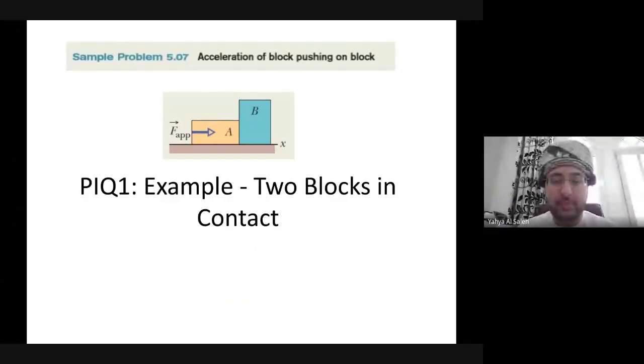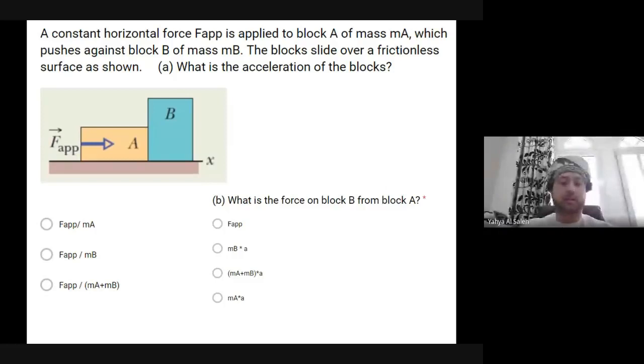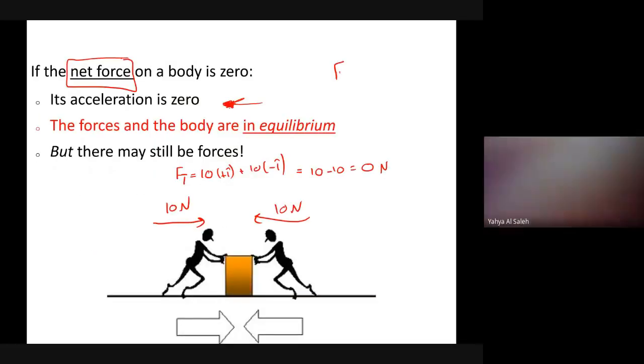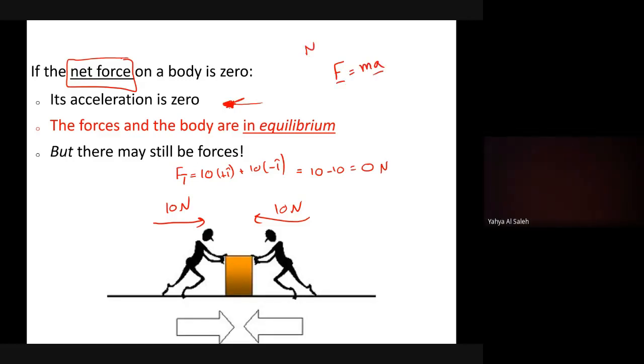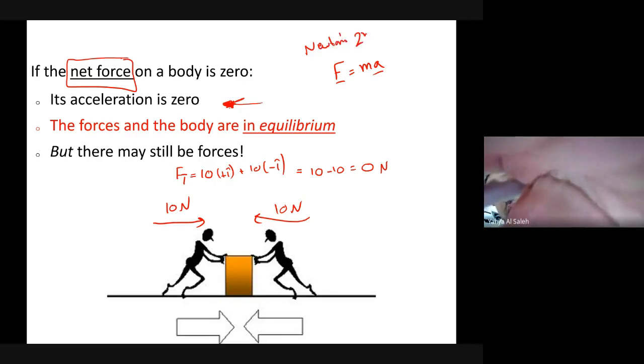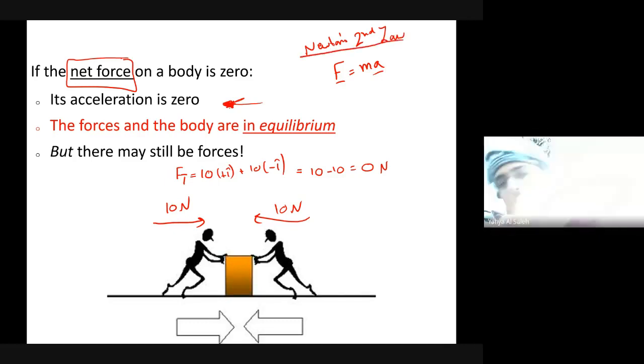Let's take a look here. So we said the rule is F equals ma, and this is called Newton's second law.